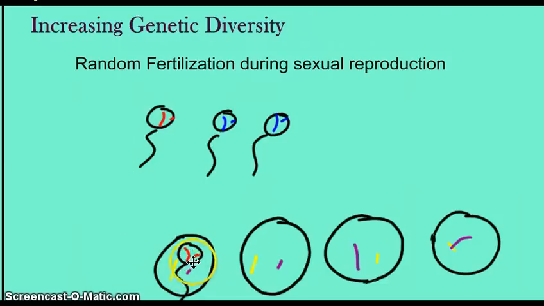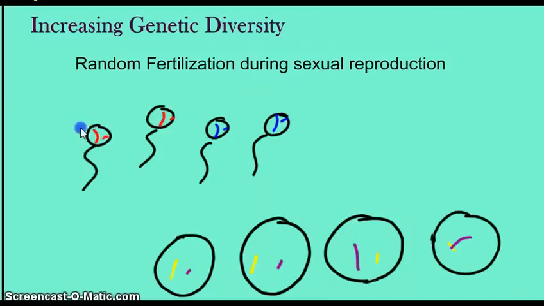So here, if this was the fertilization that occurred, the result would be a cell which has long red, long yellow, short red, short purple. If it had been this sperm cell, we would have long blue, long yellow, short blue, short purple. If the red cell had ended up in an egg cell that looked like this, it would be long red, long purple, short red, short yellow.